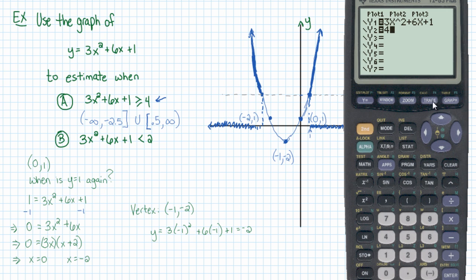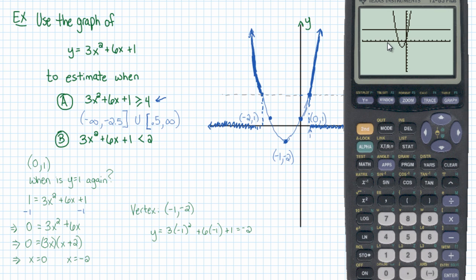So if you hit graph now you see, aha, I am above that line y equals 4 in this region right here on the left and the other region on the right. You can actually find what these regions are by finding when the curve intersects the line.